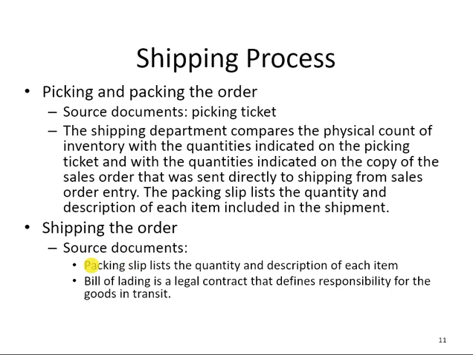A packing slip lists the quantity and the description of each item. Usually this is included in the packages or sent to the carrier. And the bill of lading is a legal contract that defines responsibility for the goods in transit.